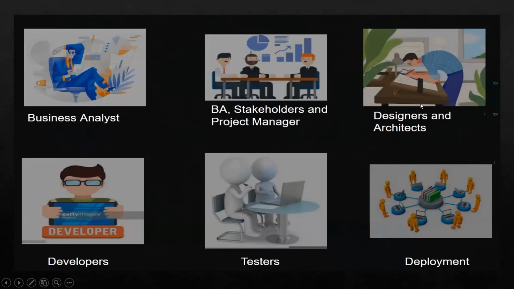After designing that, they give it to the developers. The developer starts baking a cake with all the ingredients which are available and delivers it to the testers. And the testers have to test the quality of the product and check whether it meets the customer requirements or not. And they deliver it to the customers.